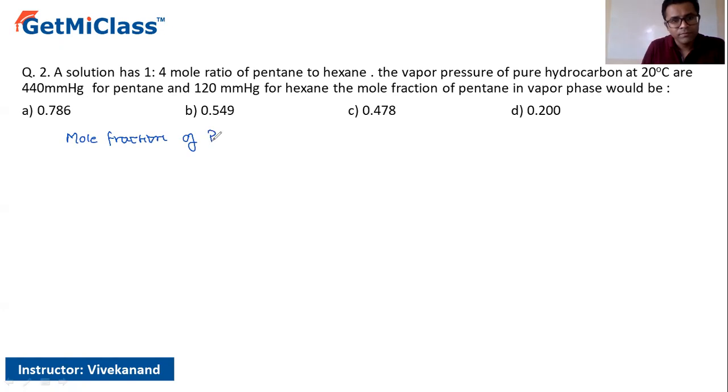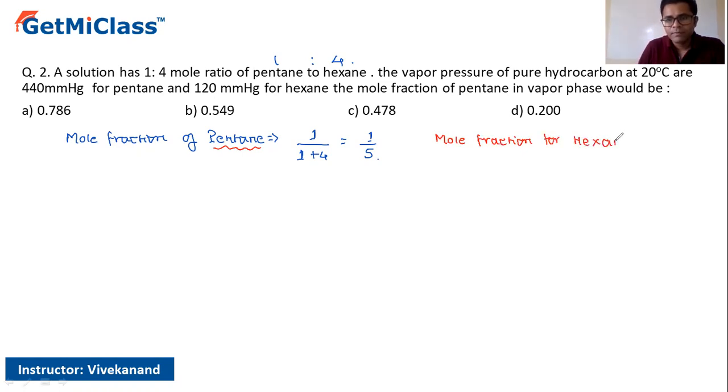As it is already given in the ratio of 1:4, we would say that pentane is 1 and hexane is 4. Therefore, the mole fraction of pentane is 1 over 1 plus 4, which is 1/5. Now let's check for hexane. The mole fraction for hexane is 4 over 1 plus 4, which is 4/5.